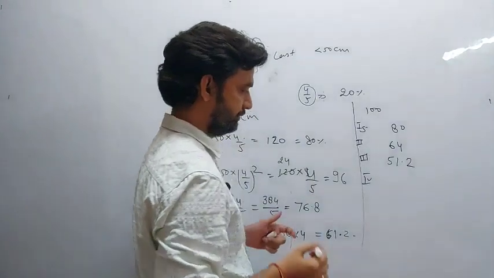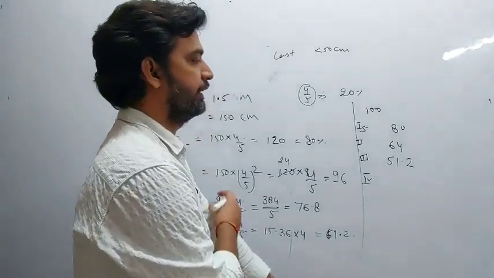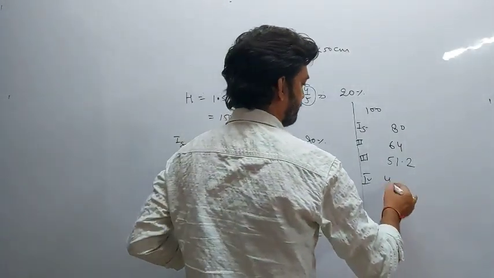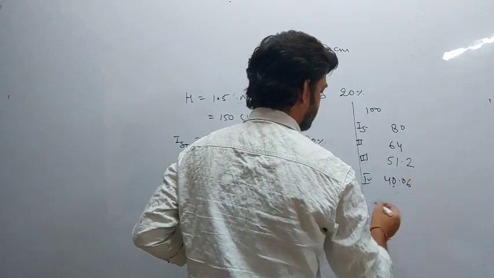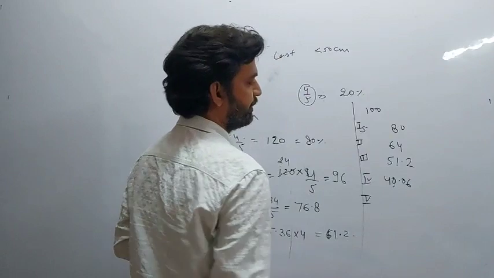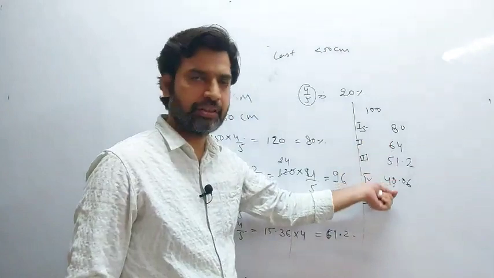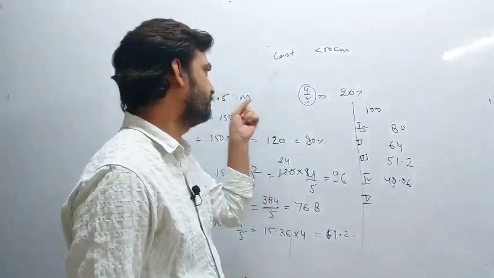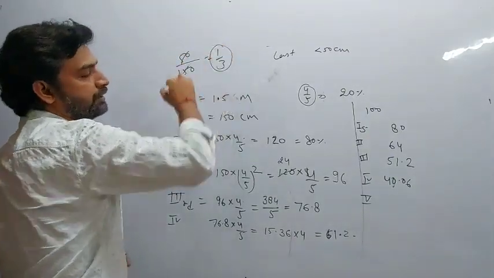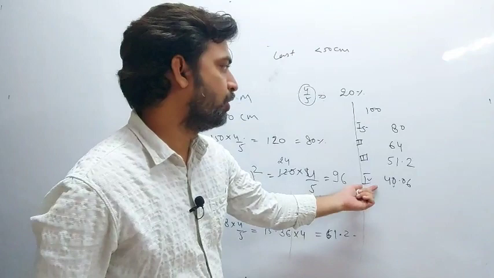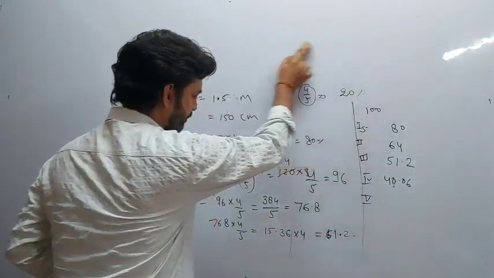Fourth bounce, around 40.96, and the fifth bounce gives 32 or 31 point something, which is less than 1/3, that is 50 centimeters to 150, that means 1/3. After 33.3, so how many bounces would be there? 4 bounces would be there for this one.